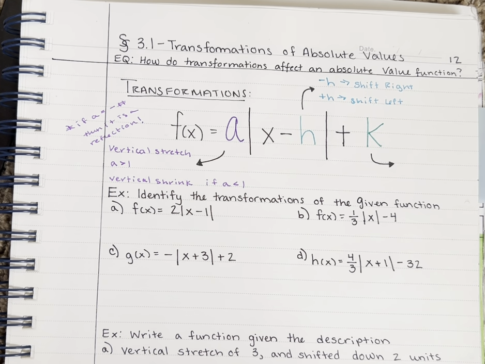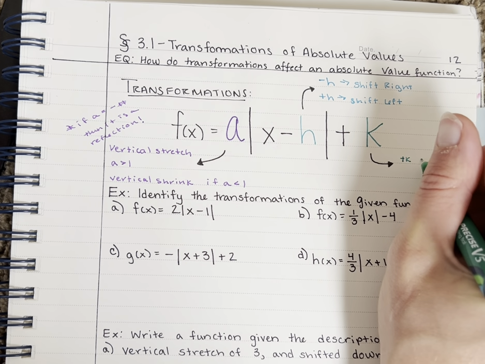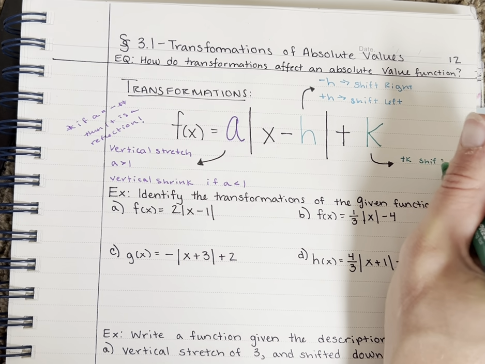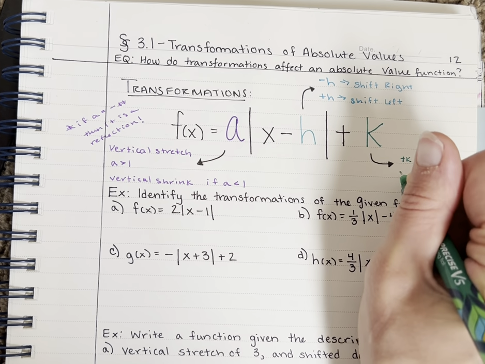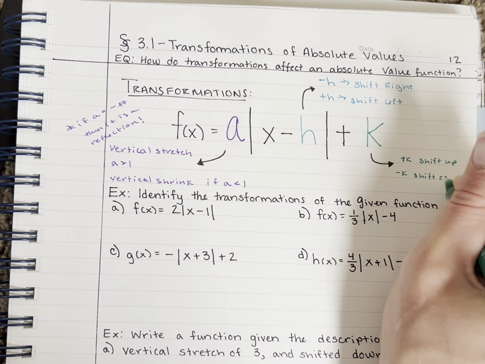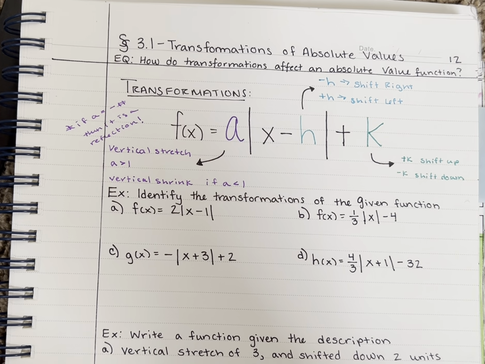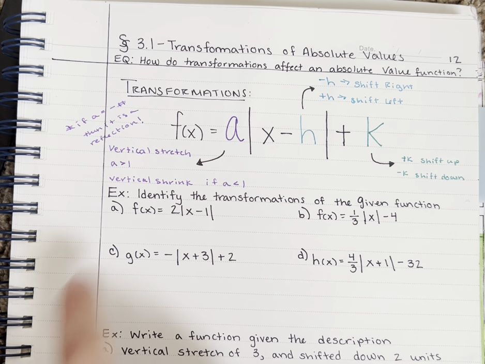And then finally, K is going to be shifting it up if you have plus K, and if you have minus K, it's going to shift down. So really in this lesson, we're just going to try to memorize what the transformations are and what they mean.